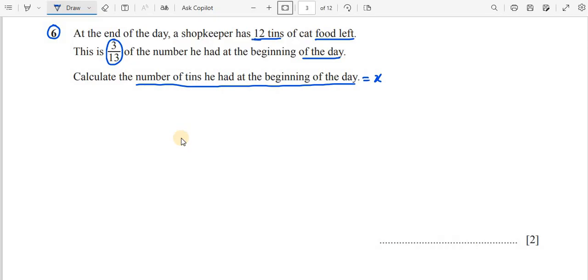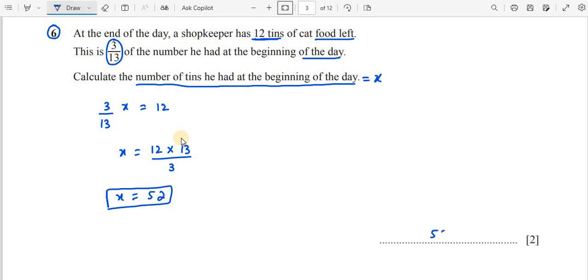At the end it is 12, so the required equation is 3/13 multiplied by x is equal to 12. To find x, x is equal to 12 multiplied by 13 divided by 3. Calculating these values, we get x is equal to 52. So the final answer is 52.